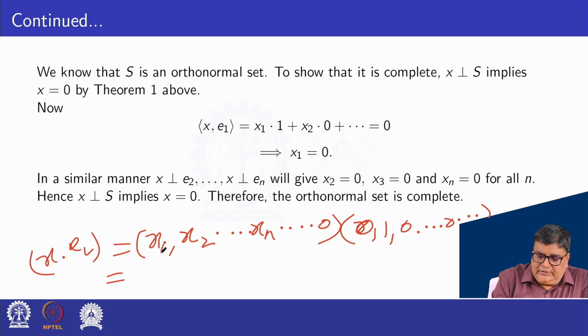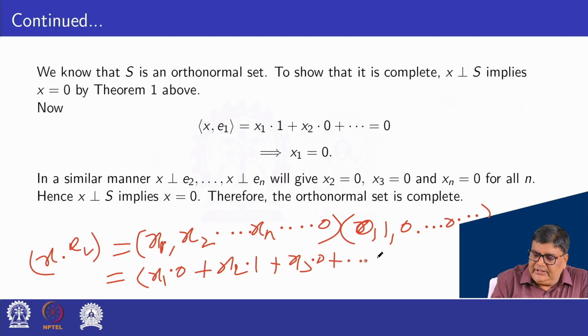This is x1 into 0 plus x2 into 1 plus x3 into 0 plus and so on, that is x2, and this inner product is equal to 0.